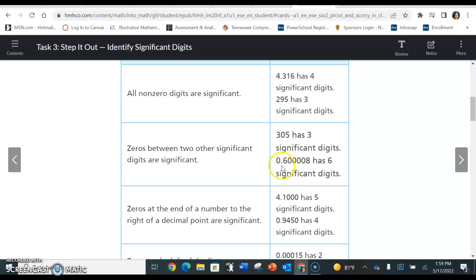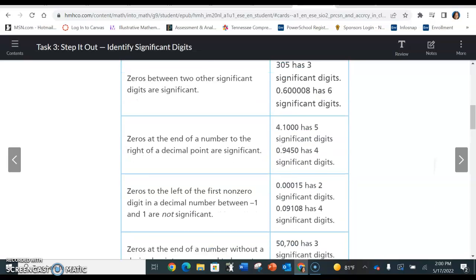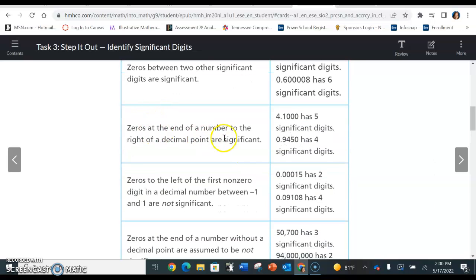All right, this number has 6 significant digits. So you can see the 6 plus the 1, 2, 3, 4 zeros and the 8. So your 6 numbers here are your 6 significant digits. This 0 here is not considered significant. All right, zeros at the end of a number to the right of a decimal point are significant. 4.1000 has 5 significant digits.